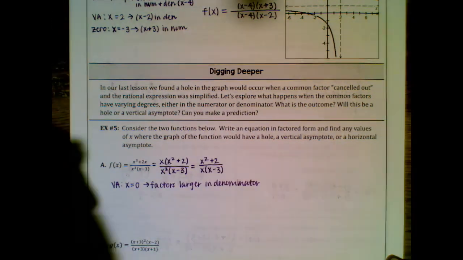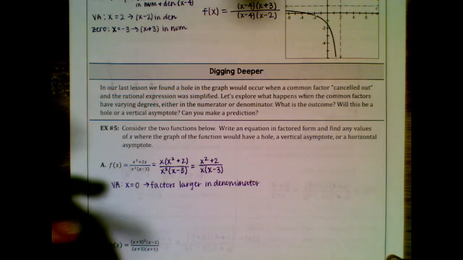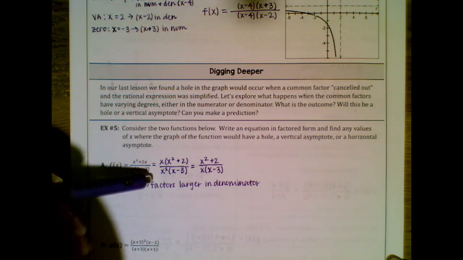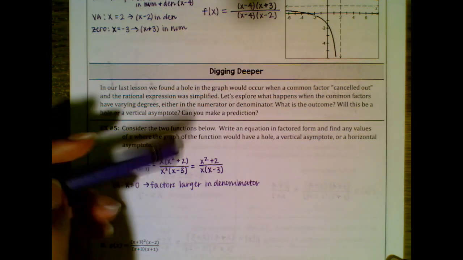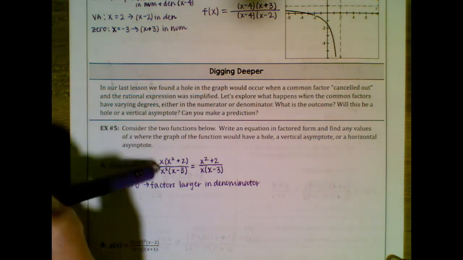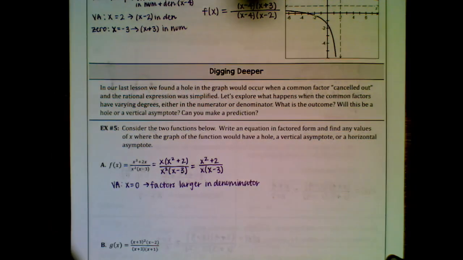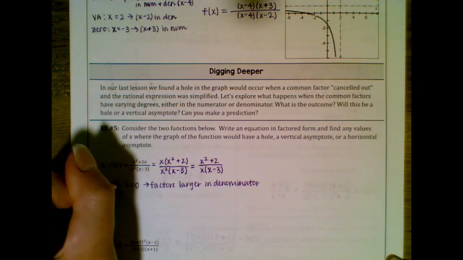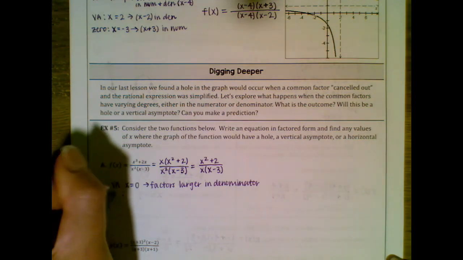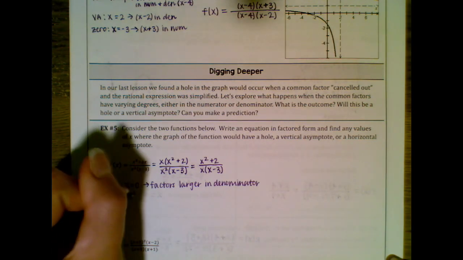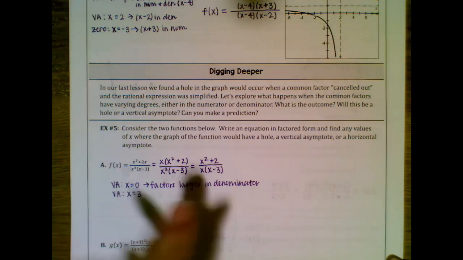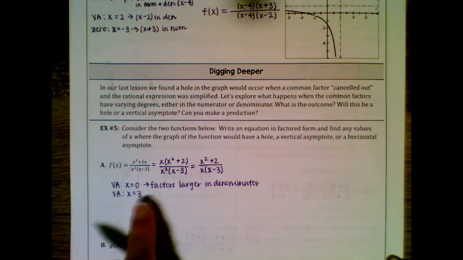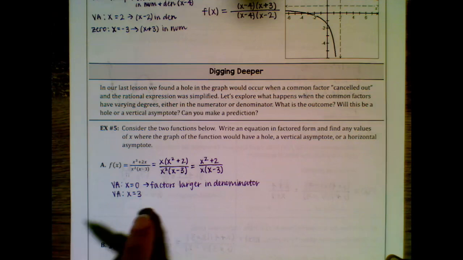Okay, let's see here. I will not have a hole because I didn't have any common factors there besides the x, but we took care of that with a vertical asymptote. I also have a vertical asymptote at x equals 3, my fault. So there's one there as well.